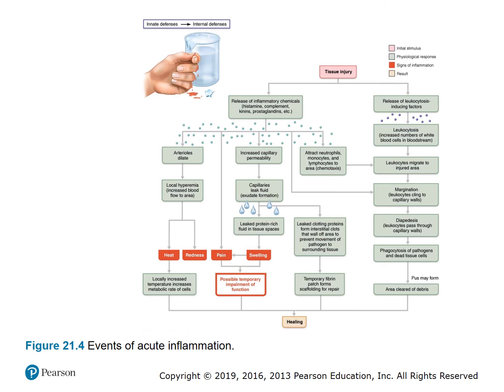And these will migrate to the injured area, and we will see what we talked about. So this is like leukocytosis, margination, diapedesis, and phagocytosis.